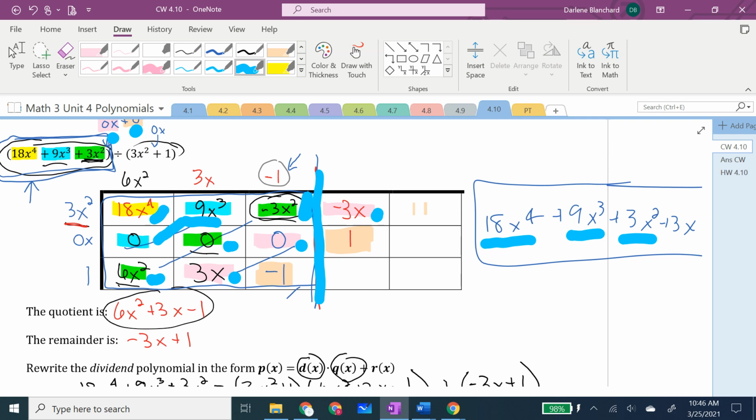And you're just not able to do its division with the 3x squared plus 1. And then this negative 1, I need my constant term to be 0. So I have to add 1 to it to make it 0. But whatever I have to add on after this line is the remainder.